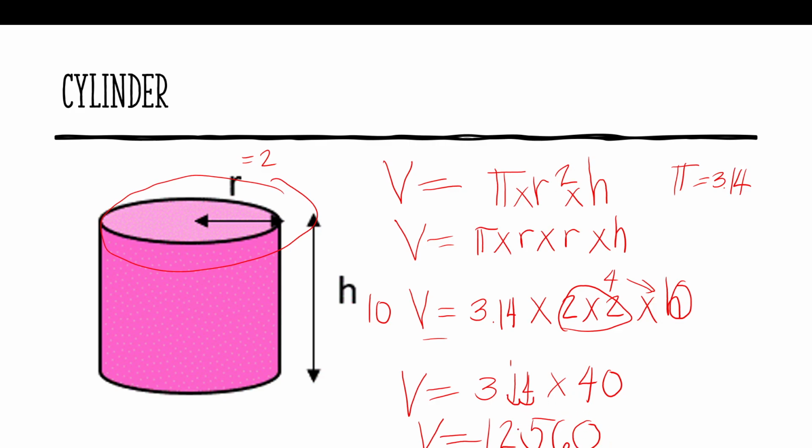So, the final answer is 125 and 6 tenths. Itong 0 na to, dahil wala na siyang value, ay pwede na nating tanggalin sa ating final answer. Tandaan po natin na mag-move muna tayo ng decimal place bago tayo magtanggal ng unnecessary na 0. So, the final answer is 125 and 6 tenths cubic units. Sundan po ba?